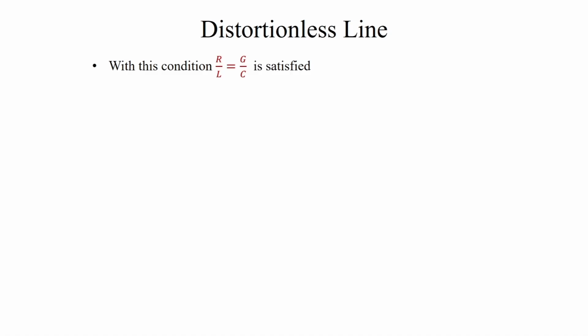With this condition R by L is equal to G by C satisfied, let us see what happens to the characteristic impedance Z naught of the line.